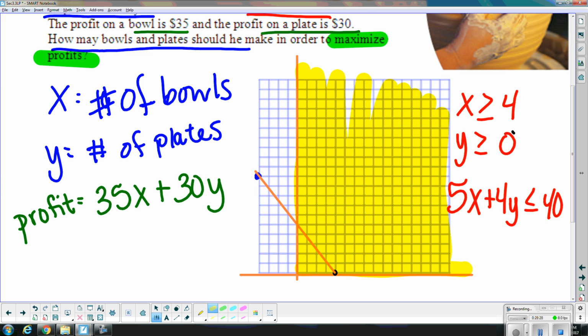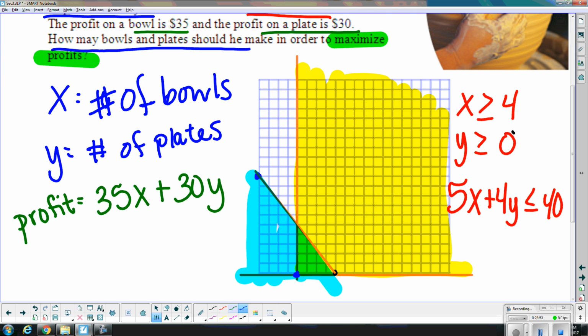I'm not actually going to shade that because it would be this whole part here. So then I'm just going to do my second one, and I'm going to use 0, 0 for my x and y. 0 is less than 40, so I'm going to shade below this line. And my feasible region is where those graphs intersect.